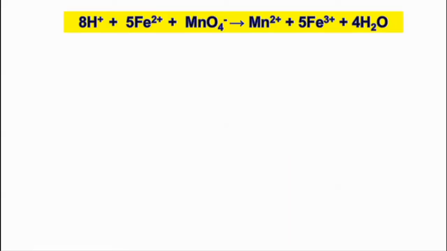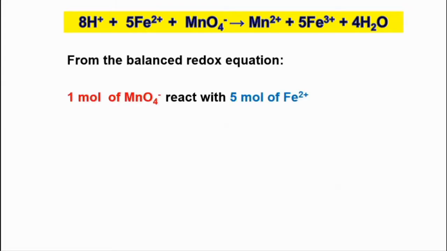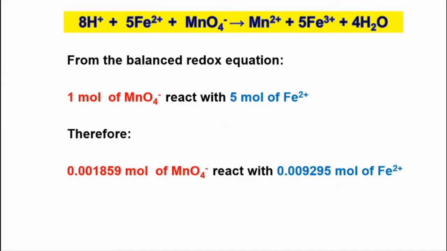And from the balanced equation, 1 mole of permanganate reacts with 5 moles of iron 2 ion. So 0.001859 mole of permanganate should react with 0.009295 mole of iron 2.